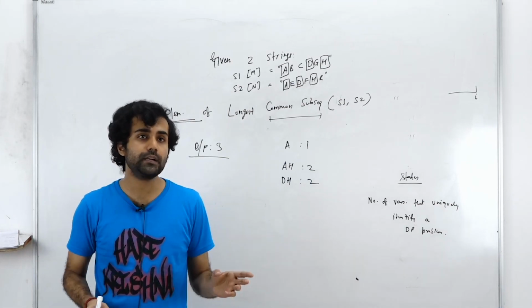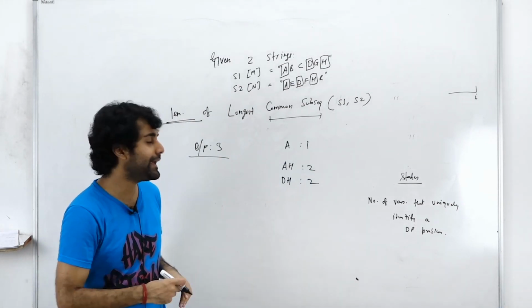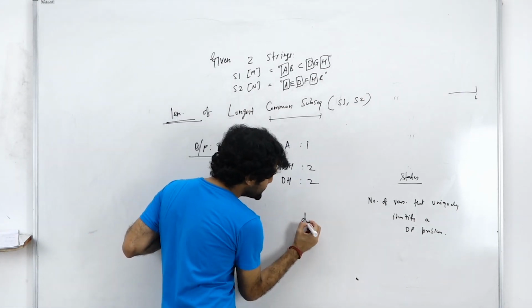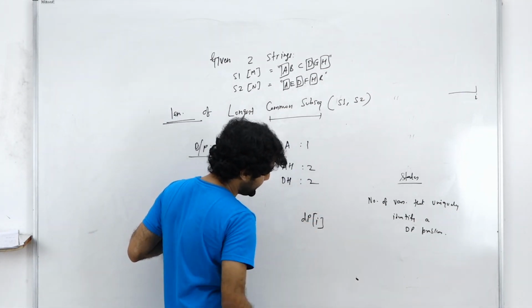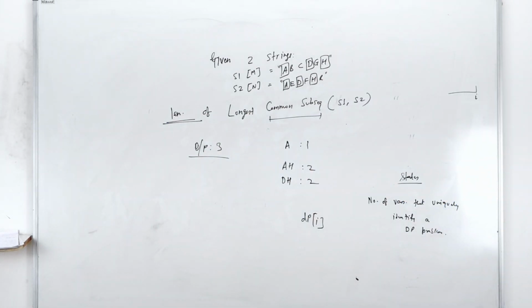If you take a look at your previous problem, where I told you that I can use a DP array like DP of I, how many states did it have over there? Did I have one state? Did I have two states? I just had one state.